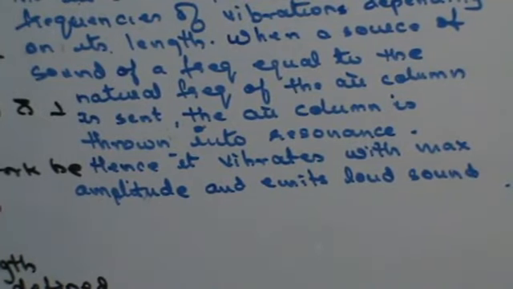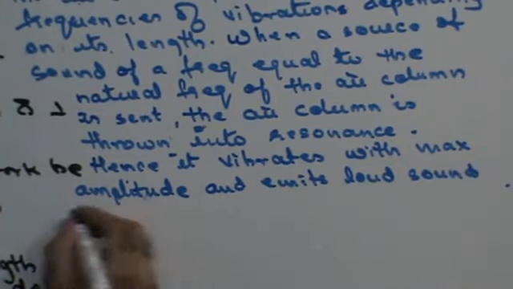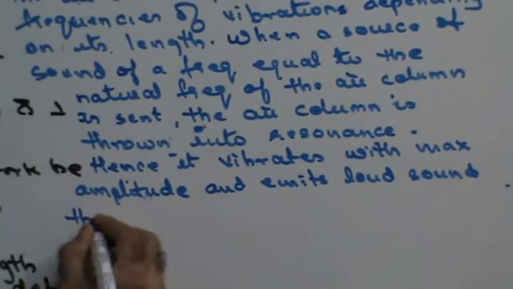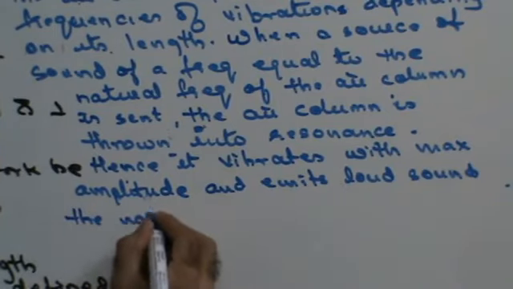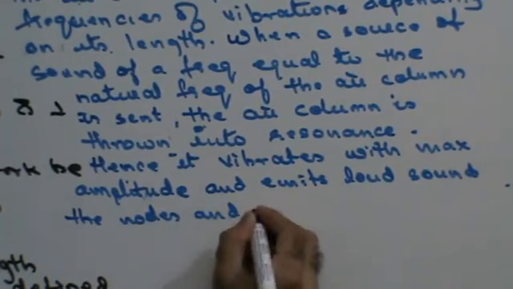So in this case, the nodes and antinodes of the stationary waves occupy fixed positions inside the tube.